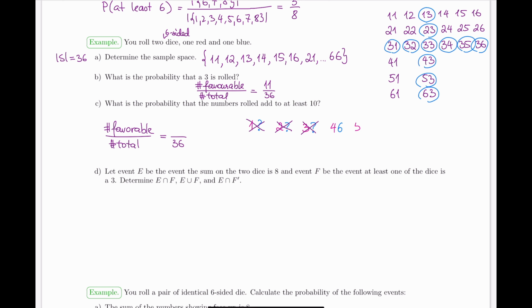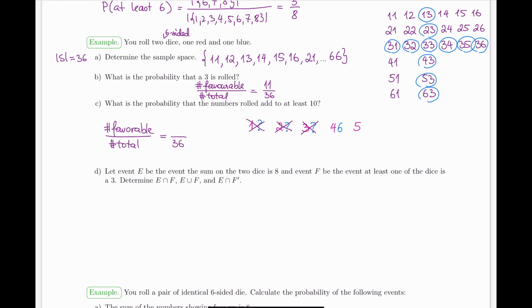What if I roll a 5 on the red? What are the potential rolls of the blue die that will produce a desirable outcome of at least 10? Well, if I roll a 5, that will work. 5 plus 5 is 10. Or if I roll a 6, that would also work because 5 plus 6 is 11.